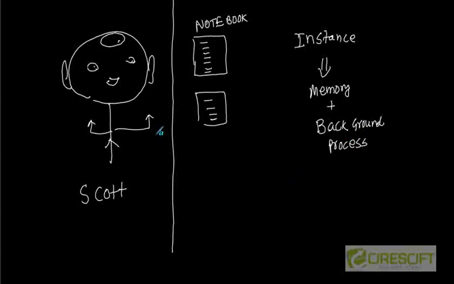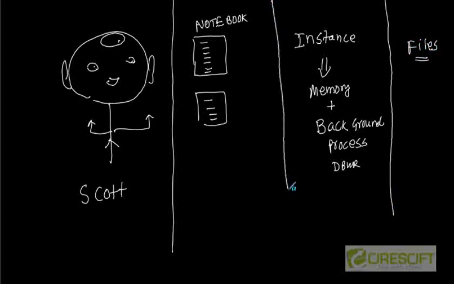Like the way that Scott has a hand, we have some background processes. Scott writes using his hand, and we have a background process called DB writer. What DB writer does is write to database files. Okay, so we have an instance and we have some files. So this is essentially the Oracle database server.